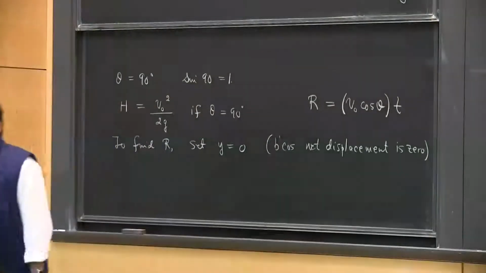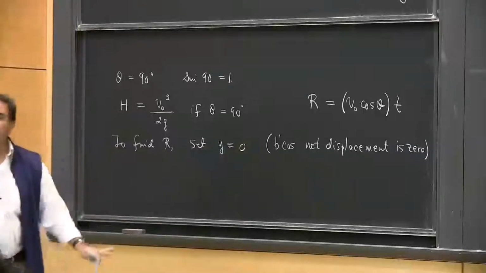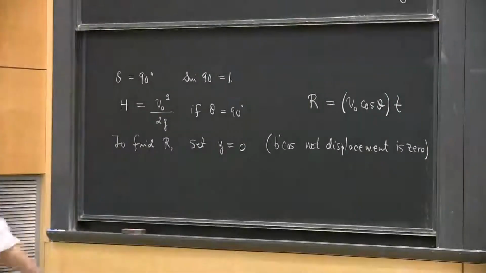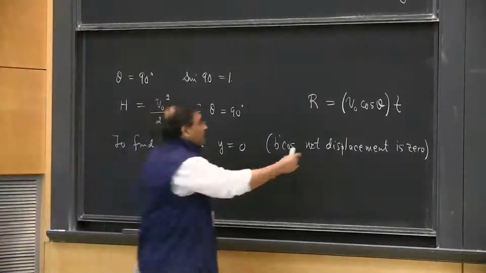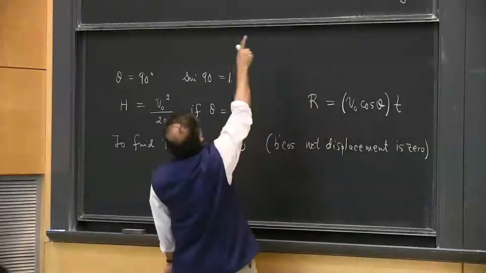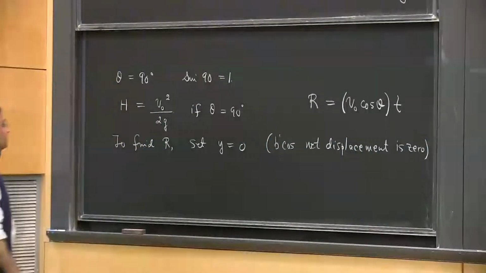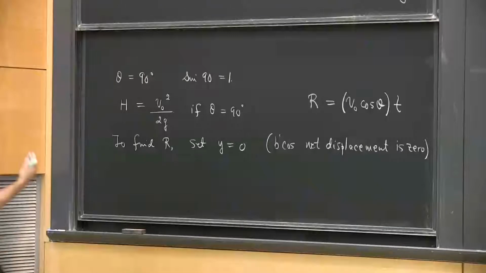That would be my strategy for calculating range, because that's the easiest way. There are many ways I can get range, but this is a very easy way. Because there is no acceleration along the horizontal direction, v0 cosine of theta times time should give me the total distance of travel, in this case the range.